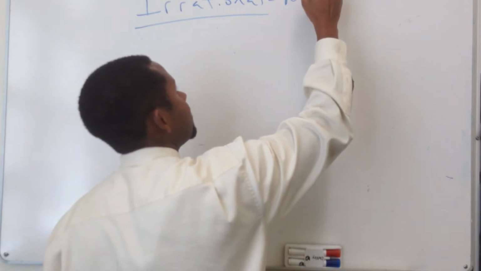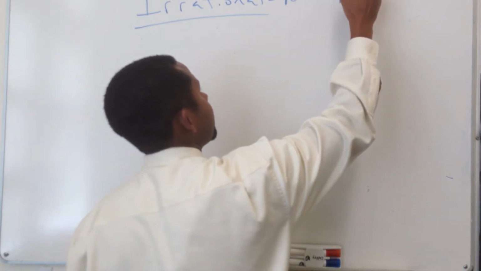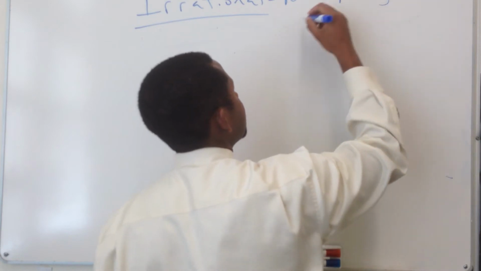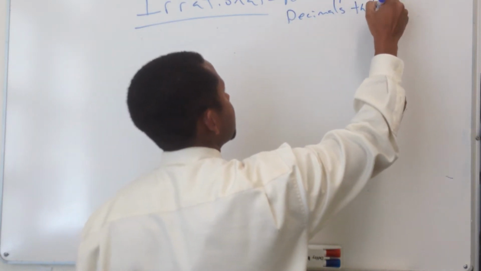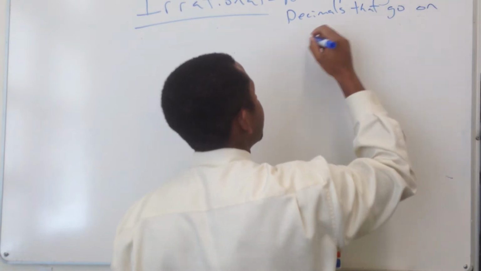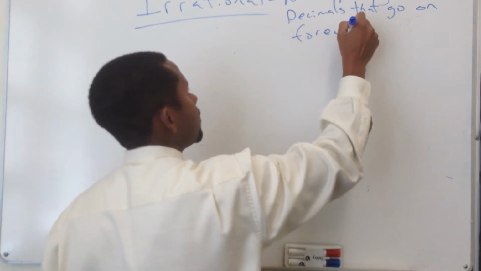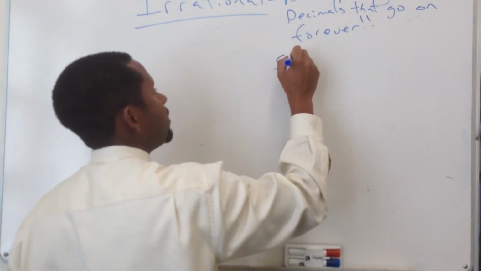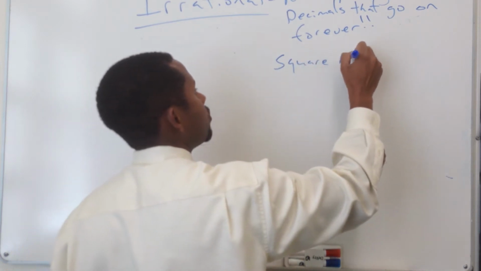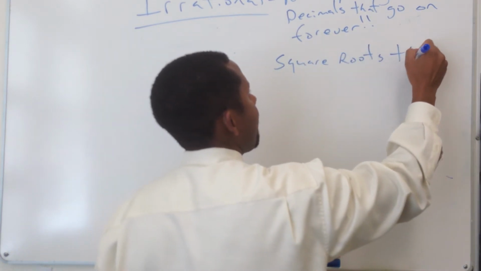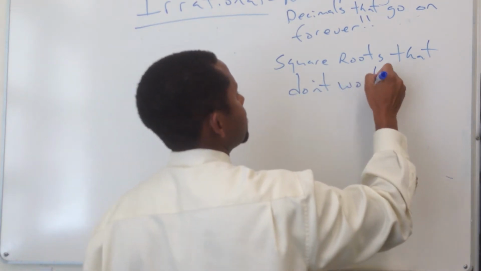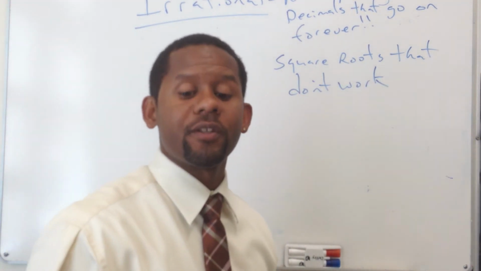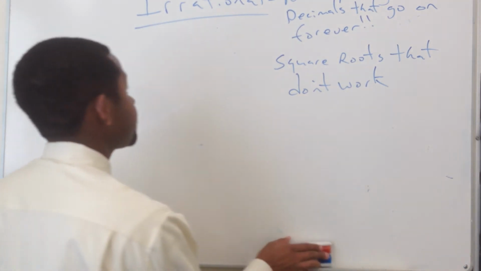That is non-repeating decimals that go on forever, and square roots that don't work. So those were all those different types of numbers.